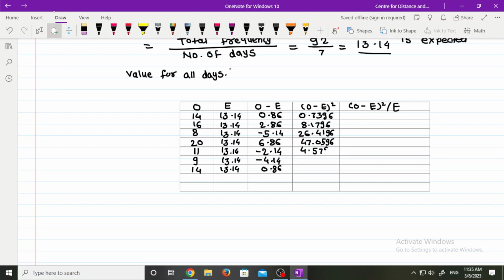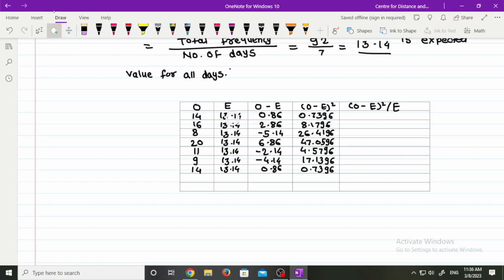Then square of minus 4.14 is 17.1396 and the square of 0.86 is 0.7396.